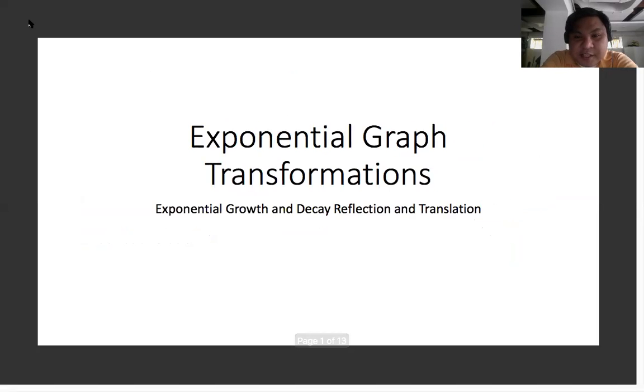Exponential graph transformation. So we're going to talk about reflection and translation for exponential graphs. Last 2 weeks we were talking about its applications, the general stuff, but now we're going to go more in depth about how the graph varies depending on what you add to the function.